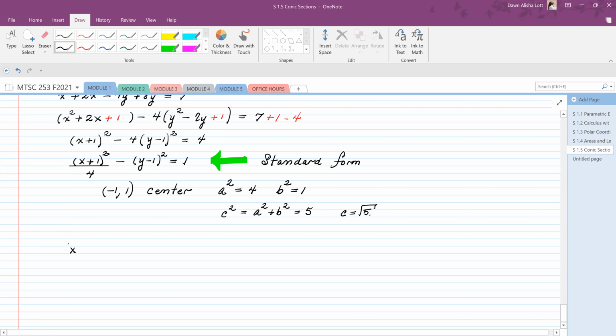So now remember when we had x tilde squared over a squared minus y tilde squared over b squared is equal to 1. This center is 0, 0.